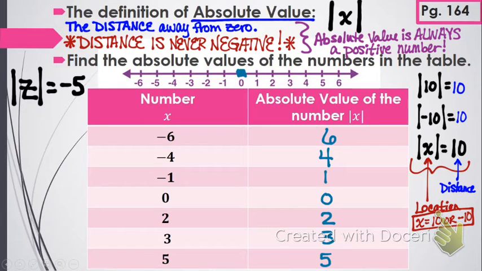What is this saying? That you end up on the left side of it. Remember, this inside here is my location. The other one is my distance. If it's not inside the bar, that's how far I am from 0.